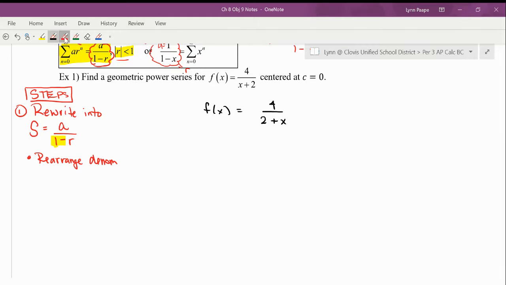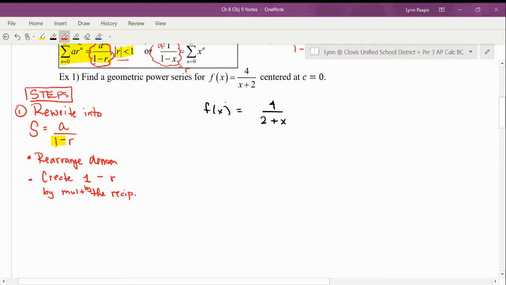Once I rearrange my denominator, I'm going to create my 1 first, so that I have the 1 minus r. I'm going to do that by multiplying by the reciprocal.